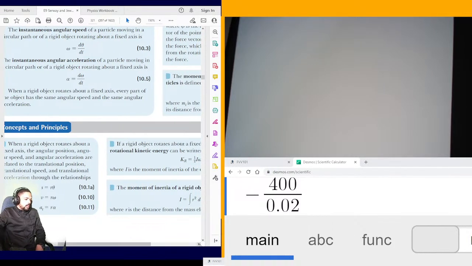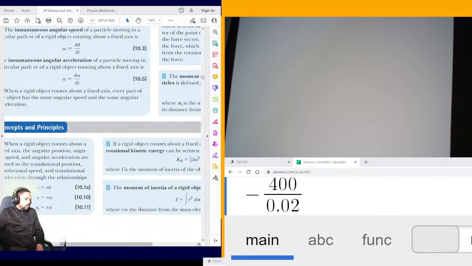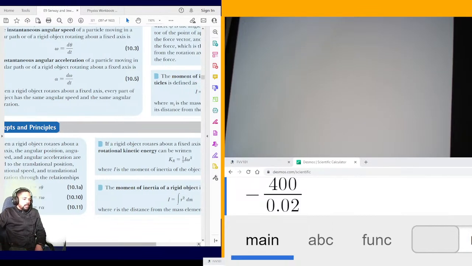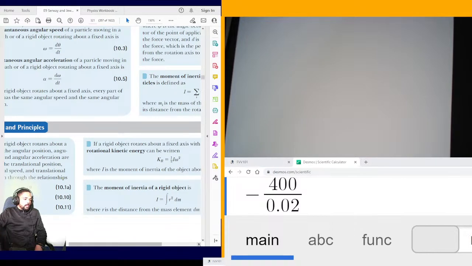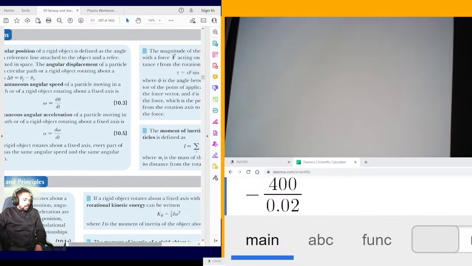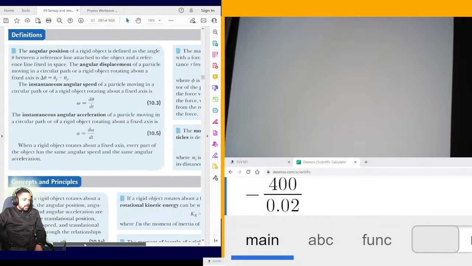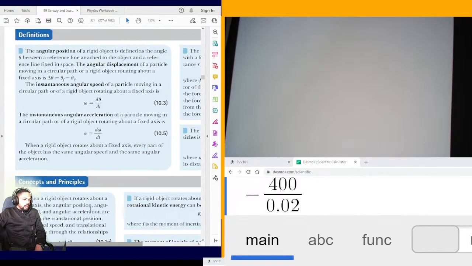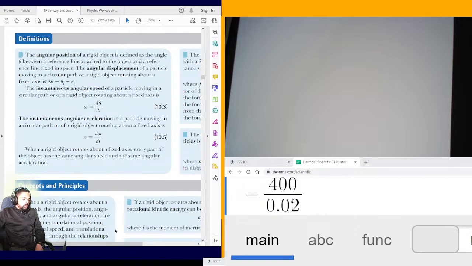They're using s, v, and a for the translational quantities, which is kind of weird, but let's leave it at that. This is not what I want to discuss. Angular position definitions.